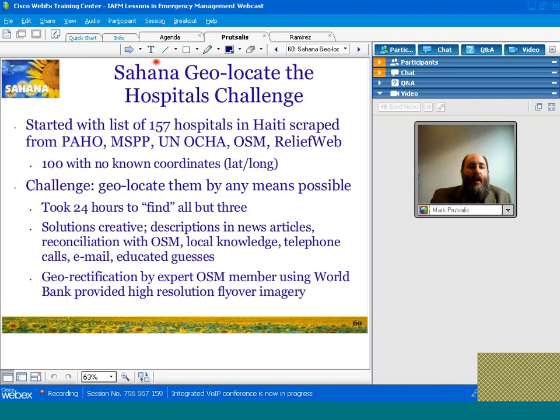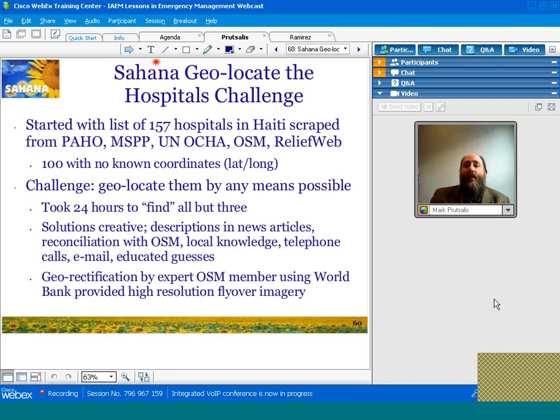A very important point that happened in the week after that challenge was finished was a GIS expert who was an OpenStreetMap contributor used the World Bank high-resolution imagery to geo-rectify the data set. They looked at where people were telling them hospitals were, and they looked at high-resolution imagery of that location. You could tell if it was a hospital or not, or if the building had collapsed.